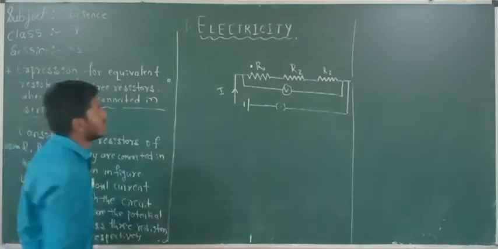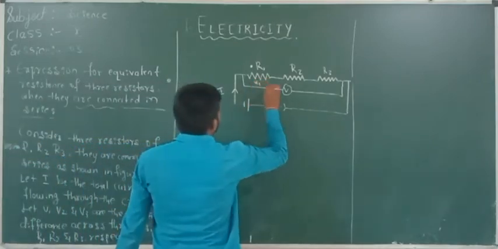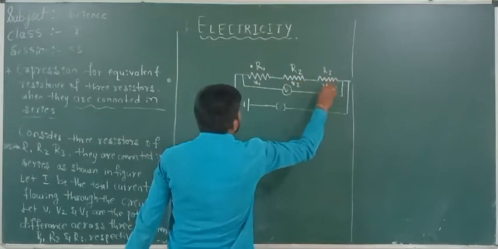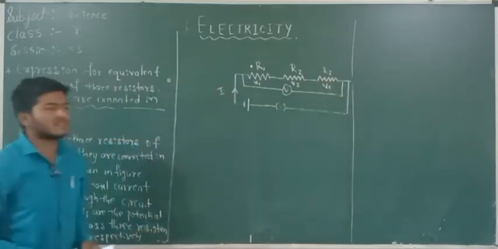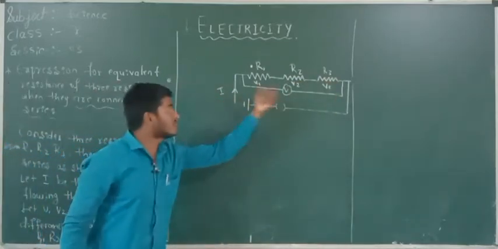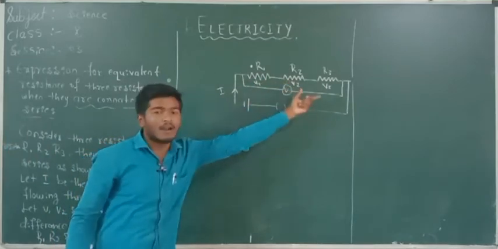Here, V1, V2, V3 are the potential differences across the three resistors R1, R2 and R3.